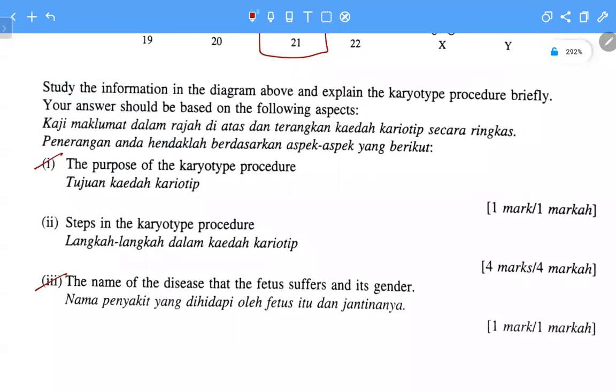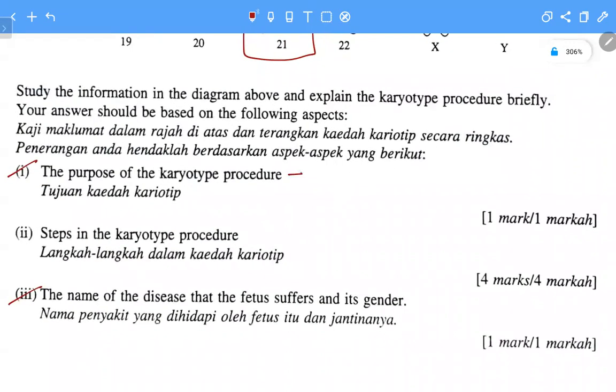Like I said just now, what is the purpose of the karyotype procedure? To determine the genetic abnormality.